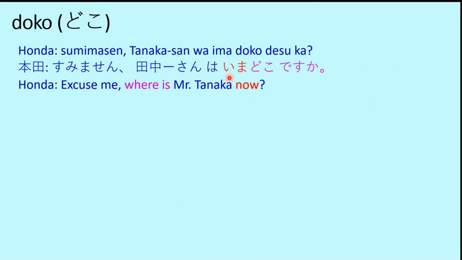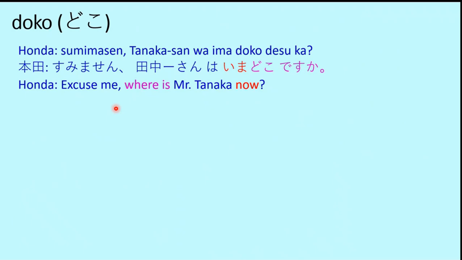So at this time, where is Tanaka-san? Doko desu ka means where is. You can see the colors in both the Japanese and the English translation so that you will know which phrase means which word. So sumimasen, Tanaka-san wa ima doko desu ka?